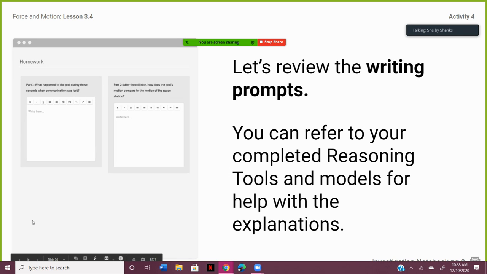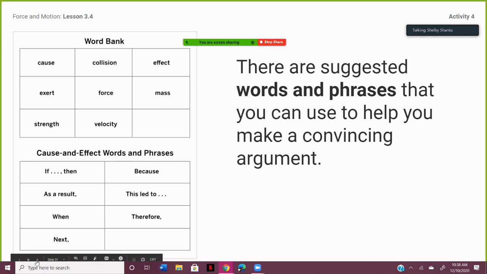All right, so we're going to review these writing prompts real quick. And then you guys can refer to the completed reasoning tools and models for help with your explanations. Okay, there are some suggested words and phrases in Amplify when you get to that page just to help you out.